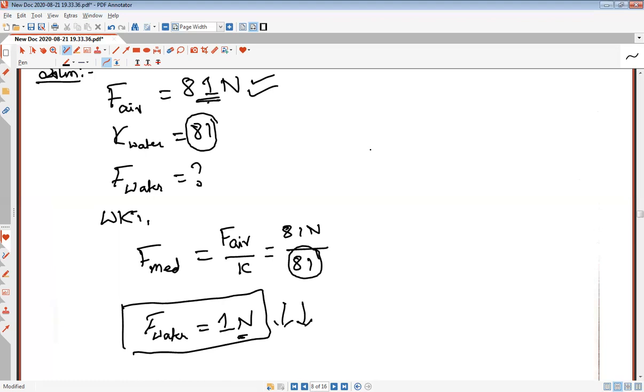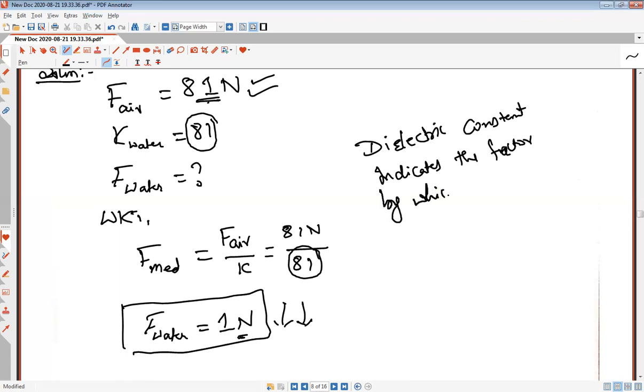So dielectric constant indicates the factor by which force between two charges is going to decrease.